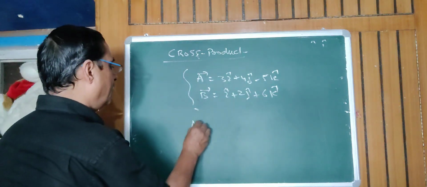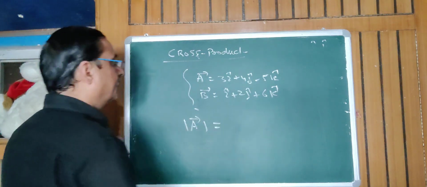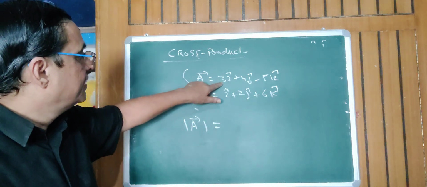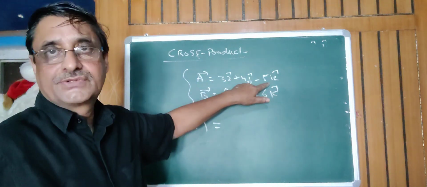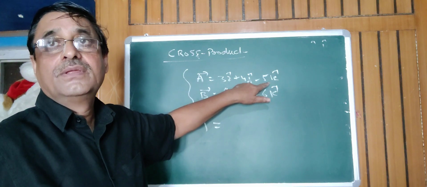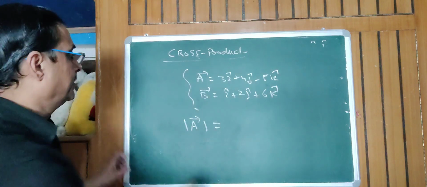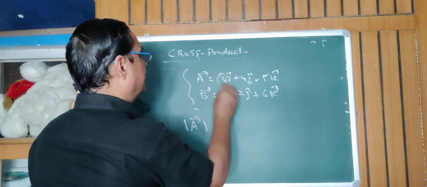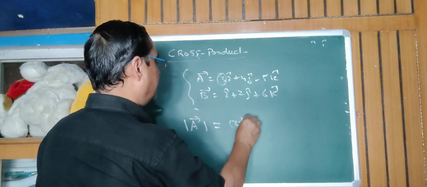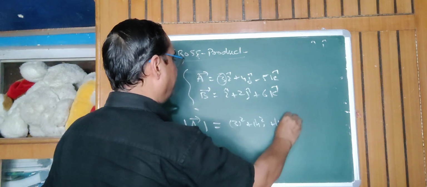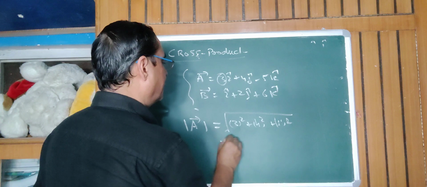So the magnitude, you know how you write, this is magnitude of A. What is the formula for magnitude? You take this square plus this square plus this square, leaving your unit vectors. So what you can write: the magnitude will be 3 square plus 4 square plus 5 square, and it's under root.